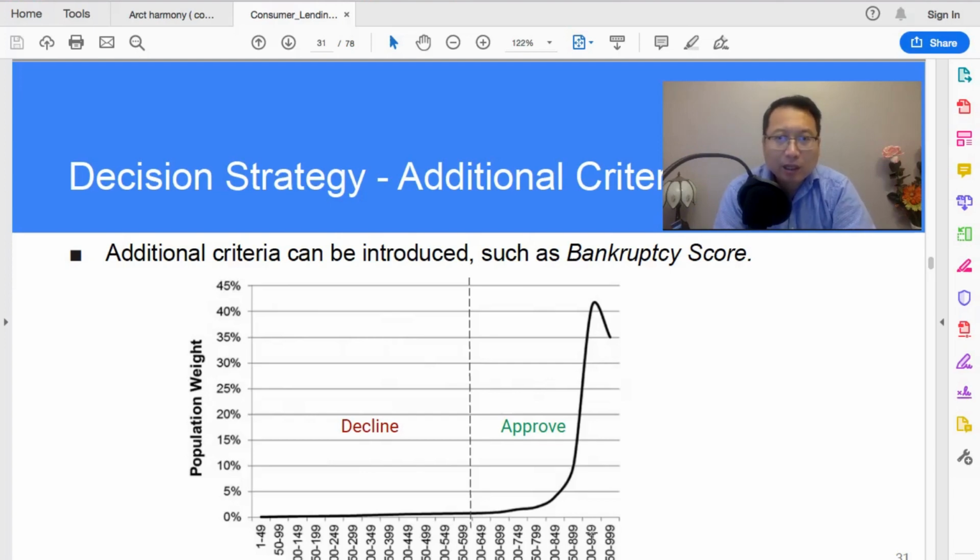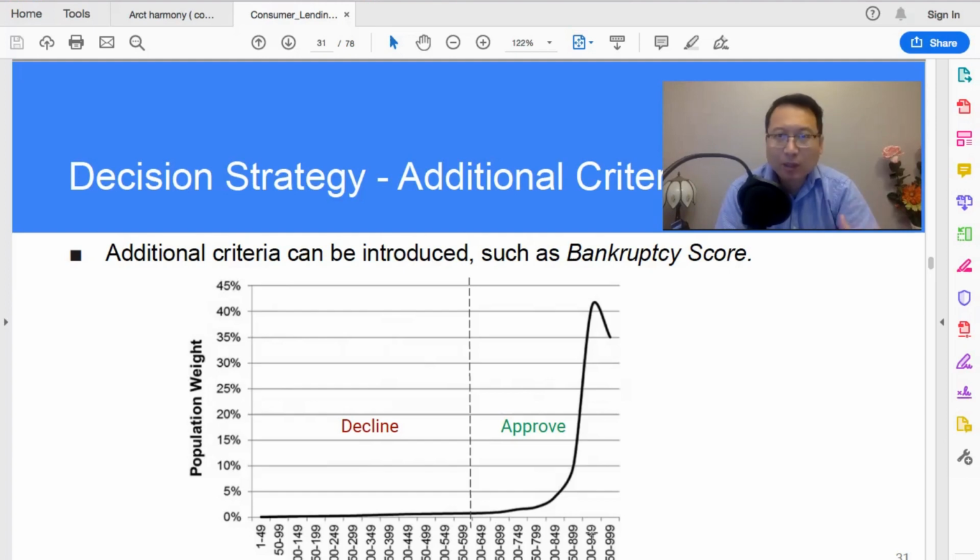Okay, this is just one example of a bankruptcy score. You can also introduce, for example, whether the applicant has an existing banking relationship, right? So yeah, there are just so many different elements you can lay on top of the score matrix.